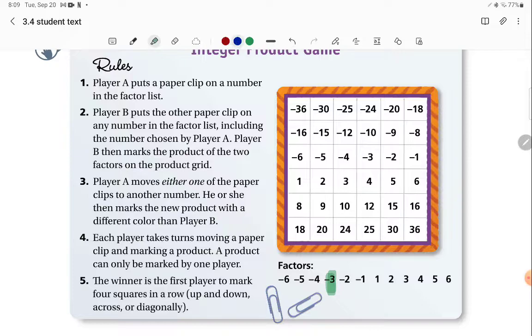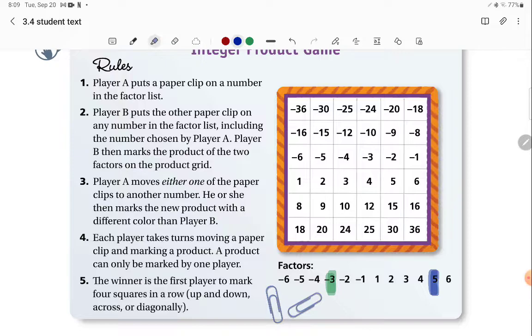Then player B puts another paperclip on any number in the factor list, keeping player A's there. So let's say player B chooses 5. All right, so player A is green, player B is 5.